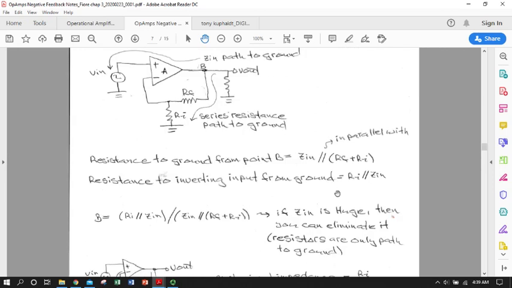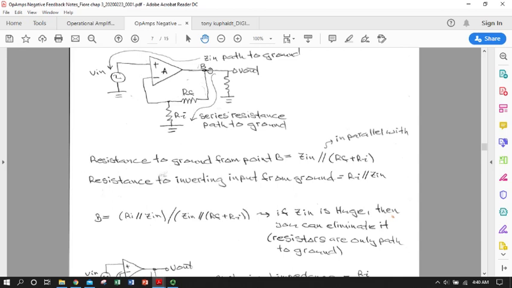Having just stated that, we can relate these two expressions to our beta, which ends up simply being the ratio of this one to the upper one. And if you think about that, that makes a little bit of sense, because the feedback fraction is going to end up being the feedback voltage, which is going to end up at the inverting terminal, divided by V out.